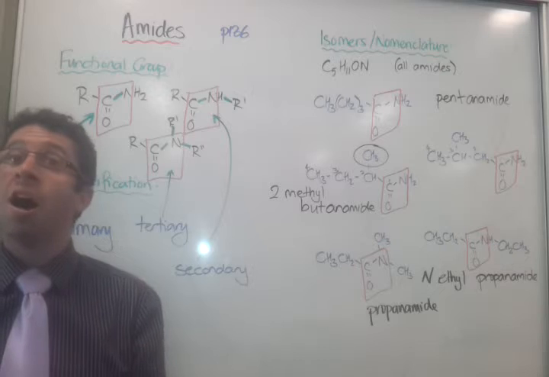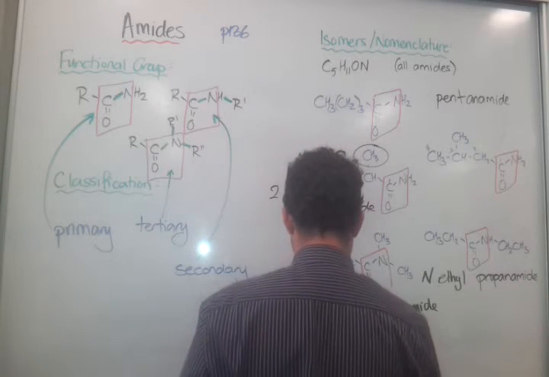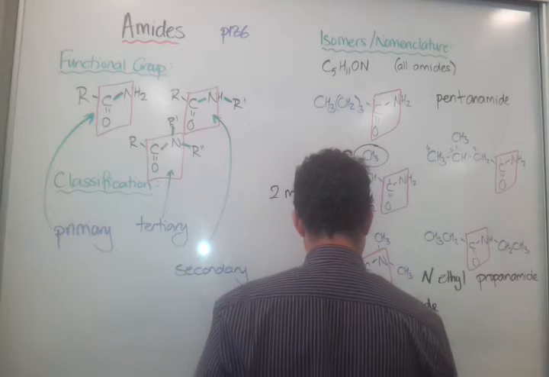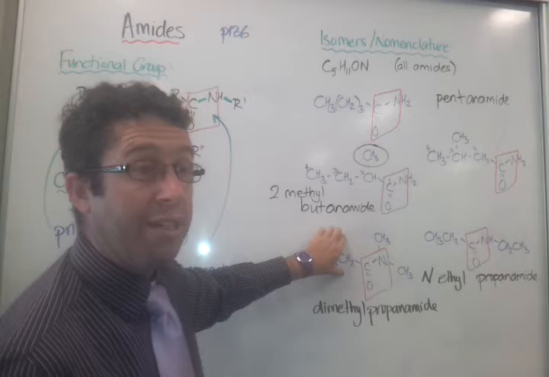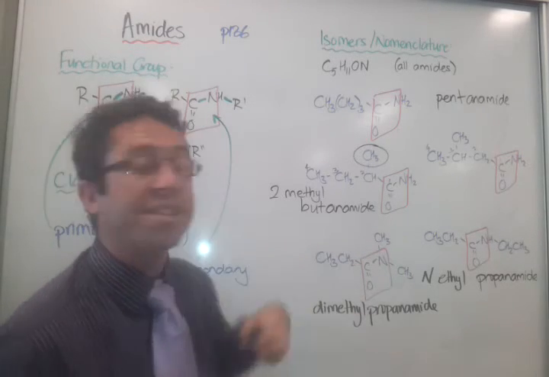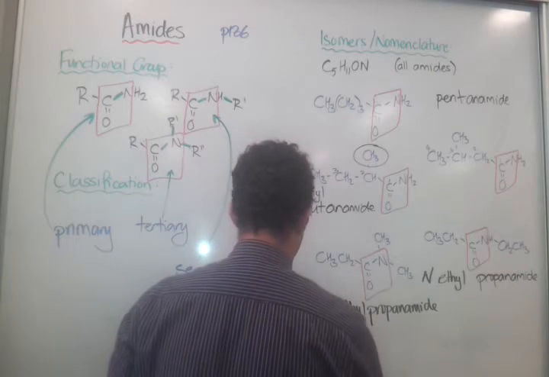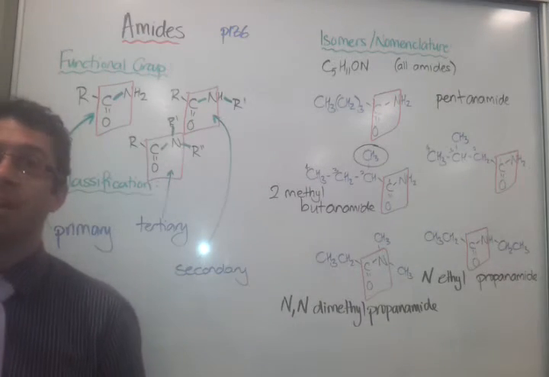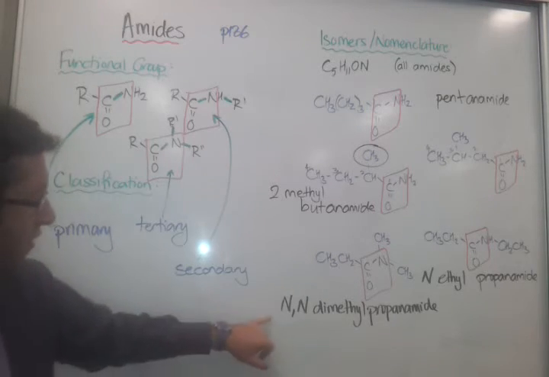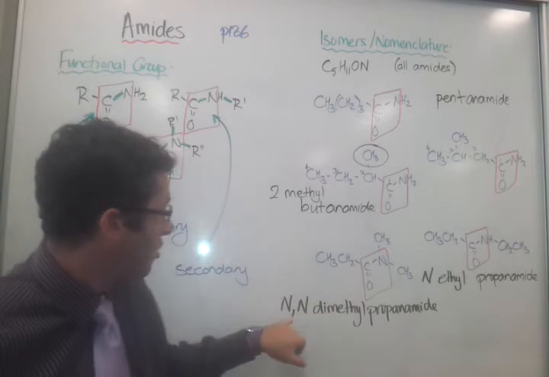So 2 is di when I'm talking about side chains, so dimethyl. And actually those 2 methyl groups could come off here, actually. So I have to say where they are. They're both on the nitrogen, so I have to say N,N-dimethyl propanamide to name that. Saying that each of those methyl groups is not coming off the prop, it's coming off the nitrogen.